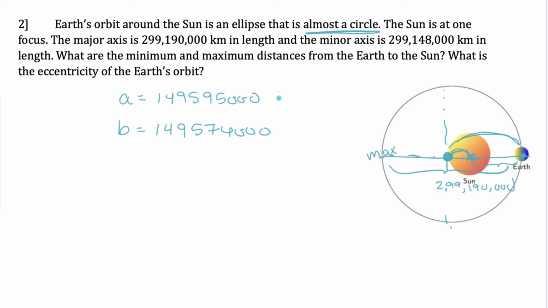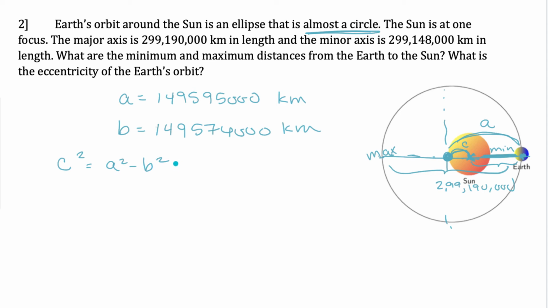Okay. So these are in kilometers. So we have an A and we have a B, right? But we've just said that if we take A and subtract C, that's going to give us this minimum distance here, right? So we need C. So we know that C squared is equal to A squared minus B squared.